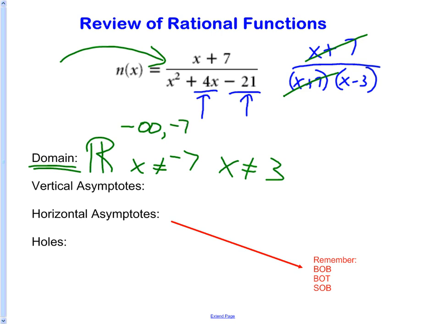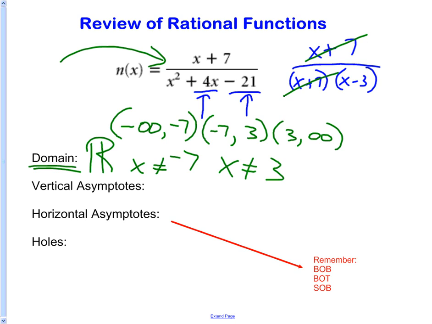Negative 7. And it never touches this, and it can't ever touch that either. Then it goes from negative 7 all the way up to 3, not touching either one of those, and then from 3 to infinity covers all the rest of them. So those are two different ways you could see the domain written on the test.